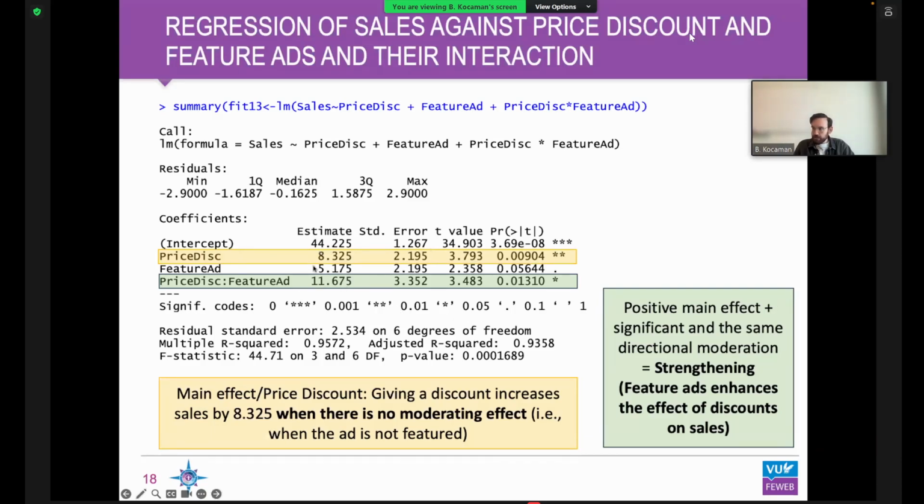And in this case, we see that this is 8,000. And on top of that, we see this positive moderation effect. So this is the positive main effect. This is significant and the same directional moderation. Then you see this strengthening moderation here, meaning that the feature ad actually enhances the relationship between price discount and sales.